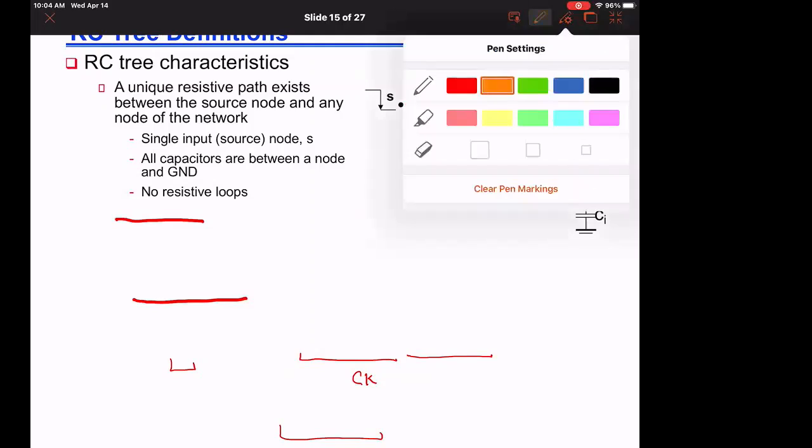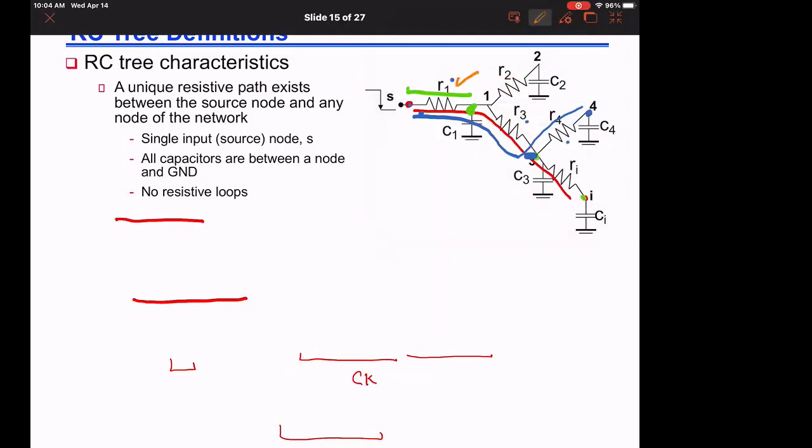I'm only going to count R1 and R3. So C4 will be multiplied by R1 plus R3 because it is the intersection. This is the intersection between the path from the source to the output node, and the path between the source and the off-path capacitor.